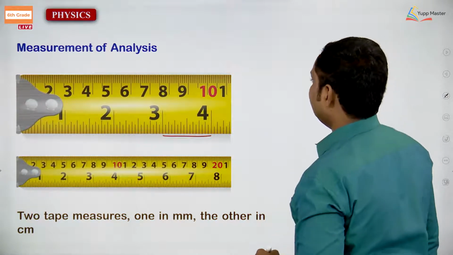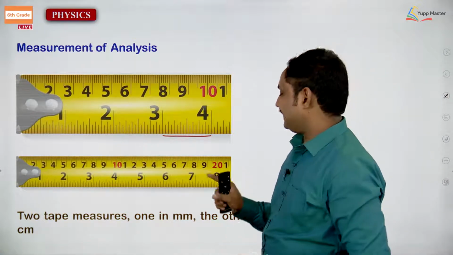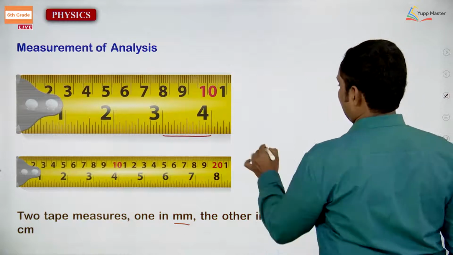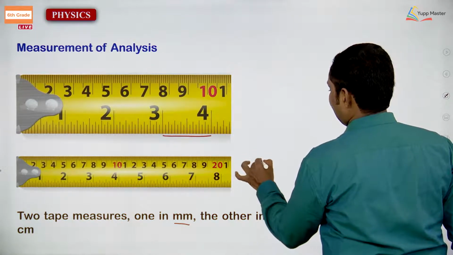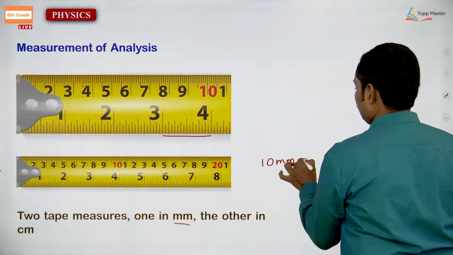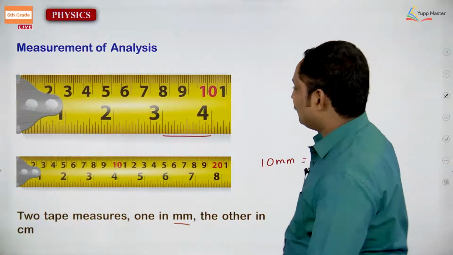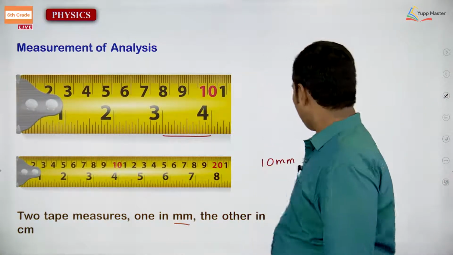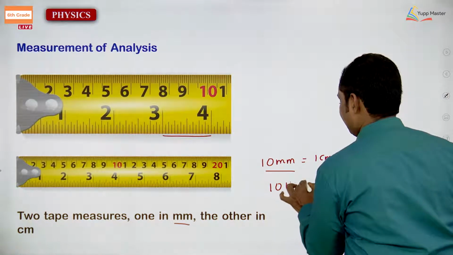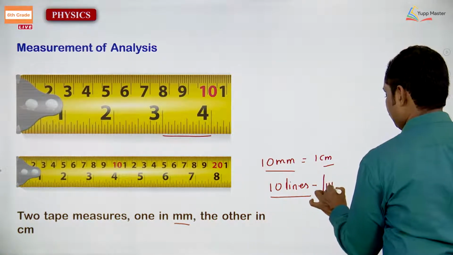If you are taking mm and centimeter, do you know 10 mm is equal to 1 centimeter? 10 mm is equal to 1 centimeter. You will see the 10 lines marked between these two.